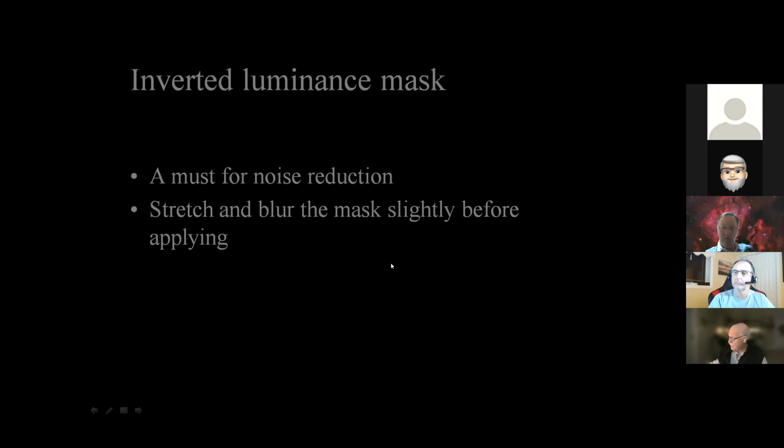When you make this mask, you tend to stretch it and blur it a bit so that you can control just how much noise reduction is applied to different areas in the image, to the bright areas and the dark areas, and basically apply most of the noise reduction to the dark areas. That way you don't lose the detail in the image you're working with.